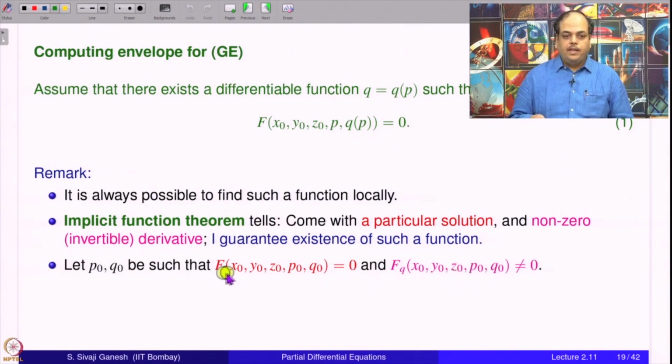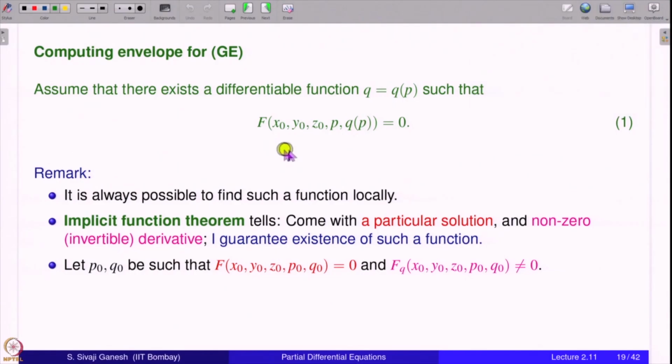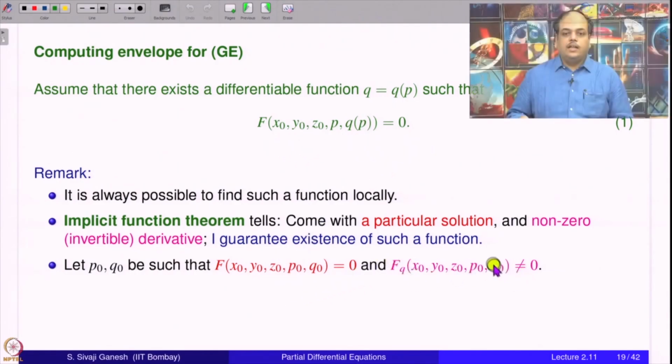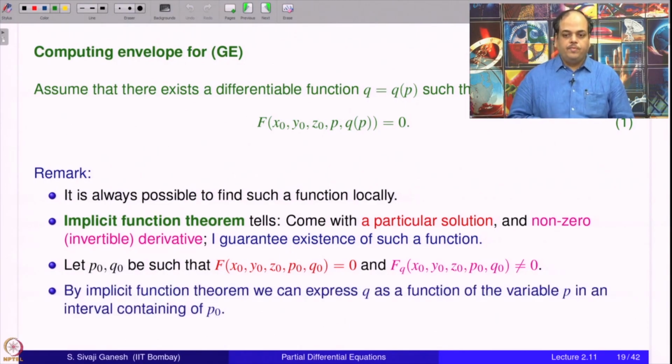Please note, when we are applying the implicit function theorem, x0, y0, z0 is fixed. So, it is only as a function of p and q that we are trying to solve, this is equation 1. So, f_q is non-zero. If you assume that, then the implicit function theorem guarantees existence of such a function, but locally. That means, in an interval containing p0, you can express q as a function of p.